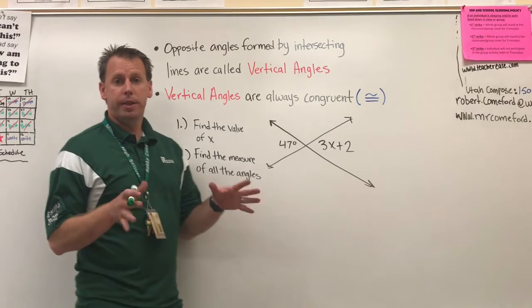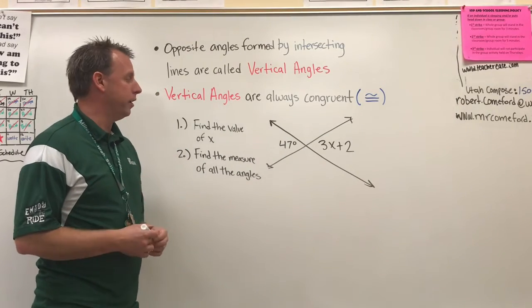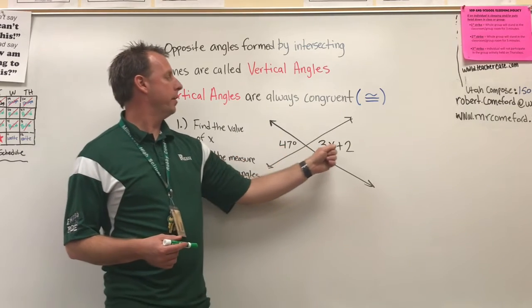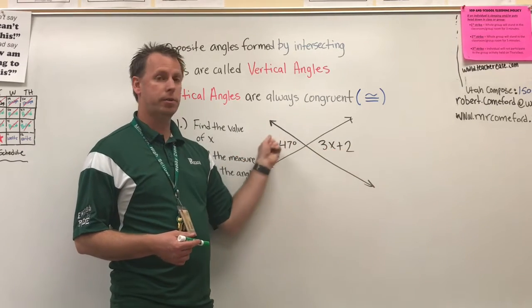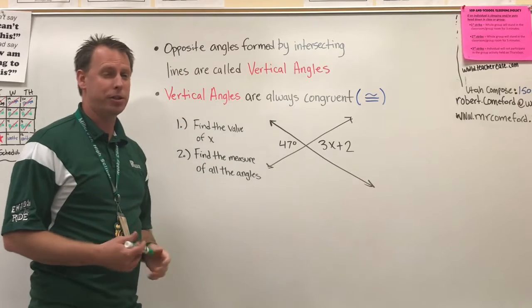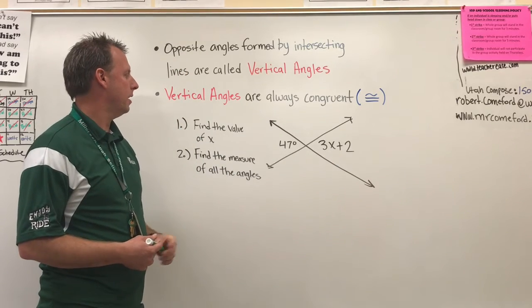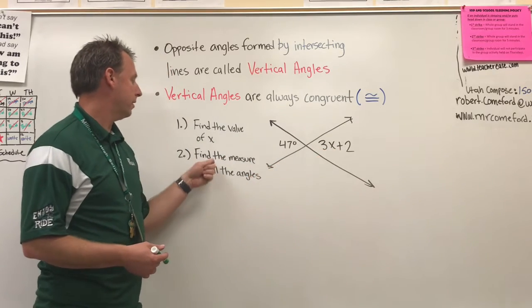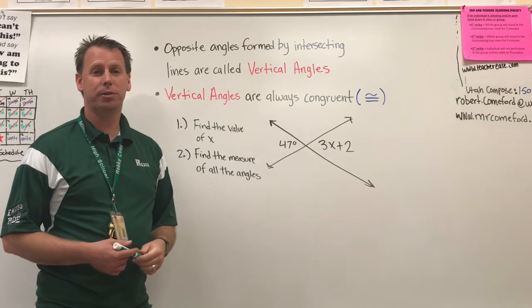Okay, so this problem is a little bit trickier. We're given that this angle is 47. This angle that is vertical to this one is an expression, 3x plus 2. And they're asking me to find the value of x and then to find the measure of all the angles, right?